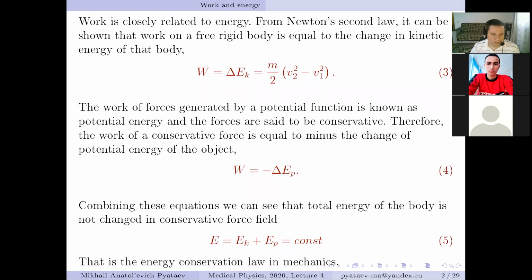There are many conservative forces in nature. Most widely known in our everyday life are the force of gravity and the force of electrostatic interaction, the force of interaction between charge and electric field.